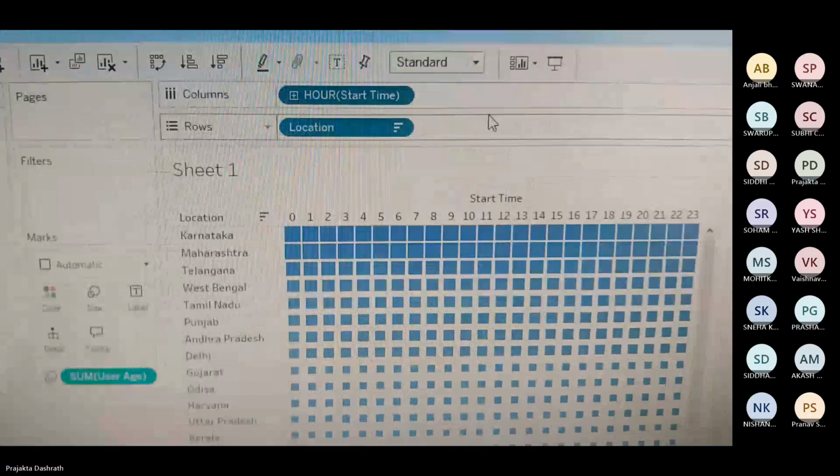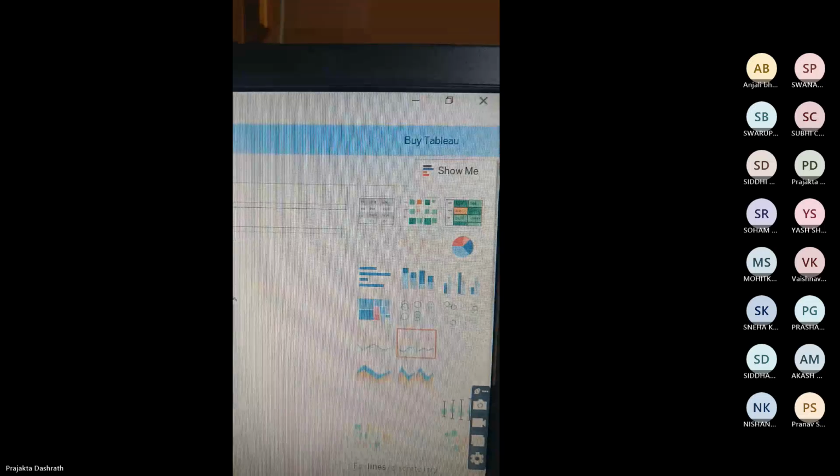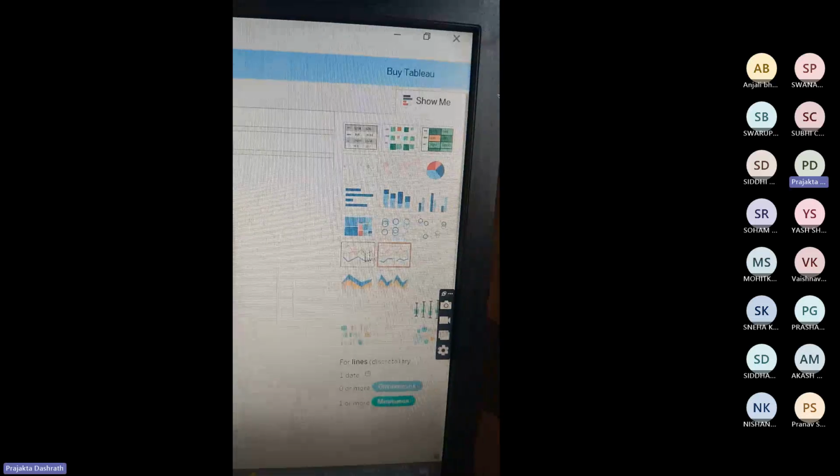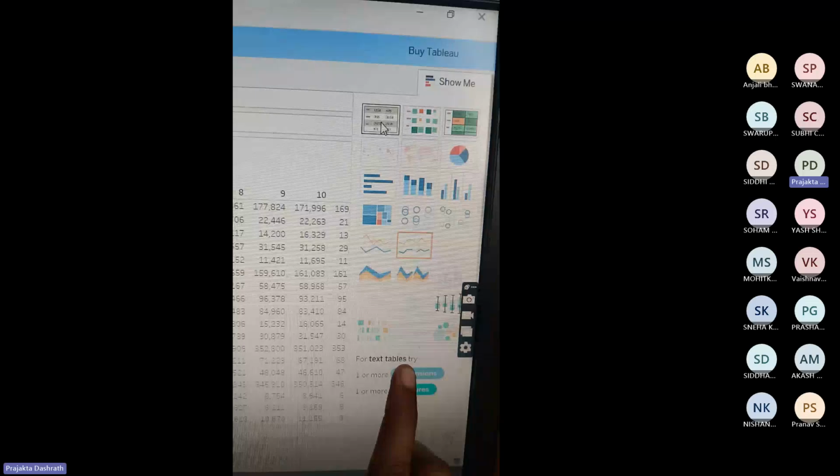Okay. Yes. Now, look at the charts. How many charts are possible? If you clearly observe, first chart is, the chart name will be at the end for text tables. Which is the name of this chart? Text table.